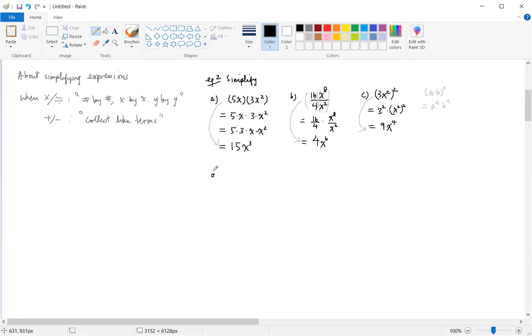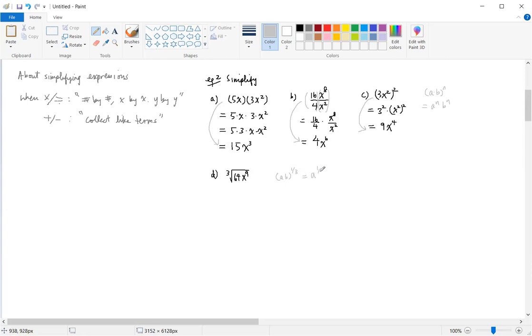Okay, let me write D here. D is the cubic root of 64x^9. Okay, so this is actually also the (ab)^n rule, because what we have here is exactly (ab) to the 1/3.